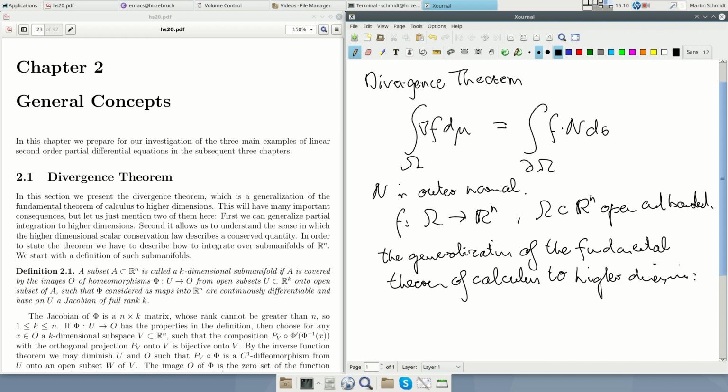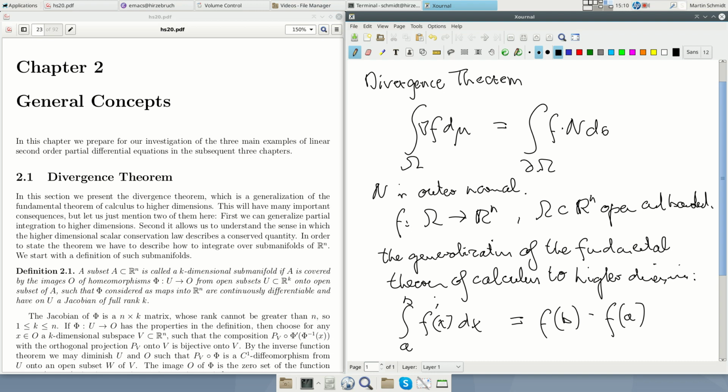Let's recall this fundamental theorem of calculus. This just states if we integrate a derivative over an interval AB, then this is the difference of the values at the boundary points.